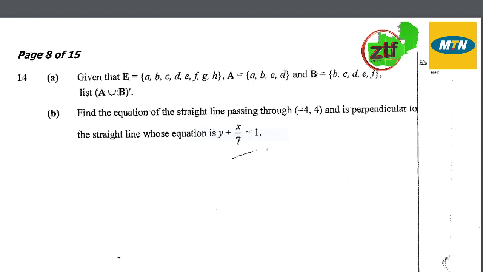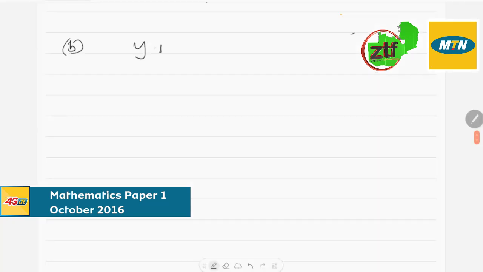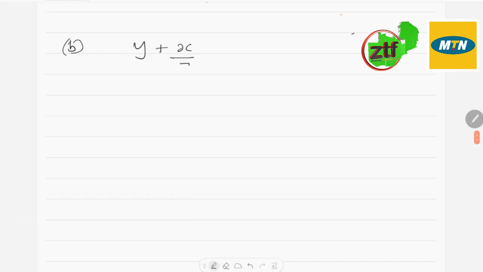So this question comes from the topic called calculus. They want us to find the equation of a straight line that is passing through (-4, 4).